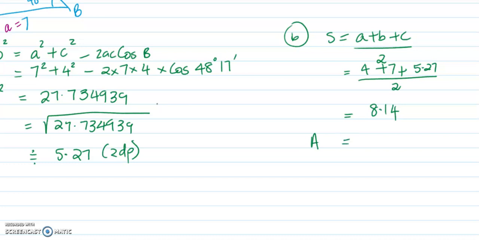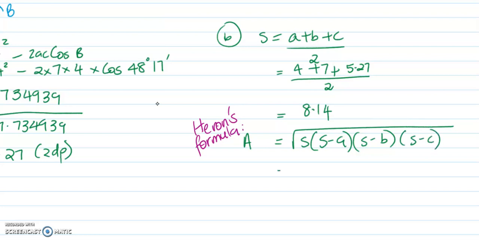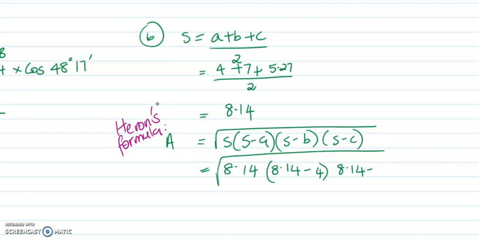According to Heron's formula, let's just write that down. Area is equal to the square root of S into S minus A into S minus B into S minus C. That gives me the square root of 8.14 times (8.14 take away 4) times (8.14 take away 7) times (8.14 take away 5.27), and square root of all of that.